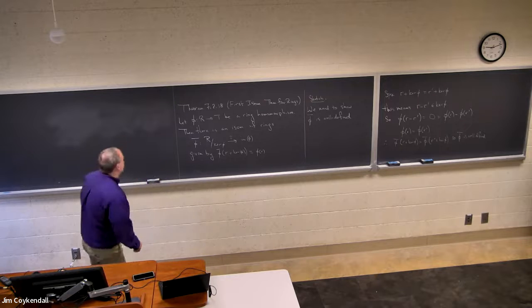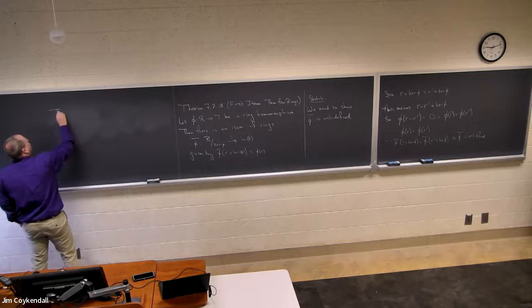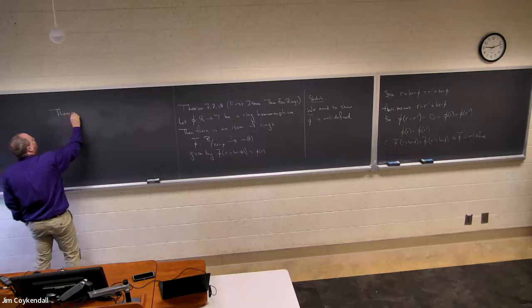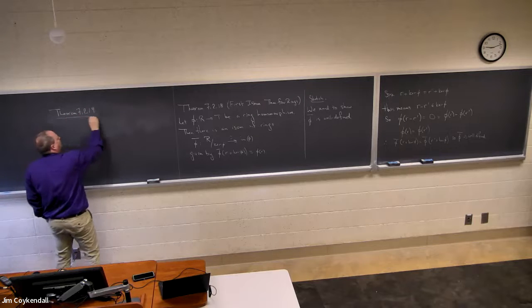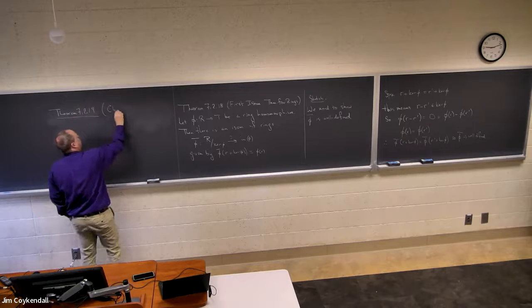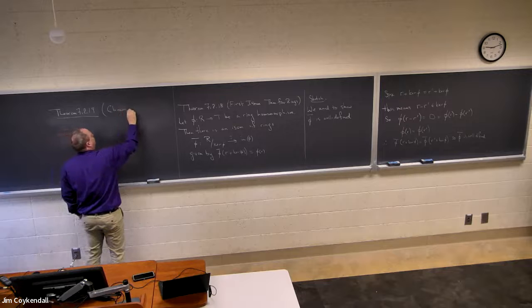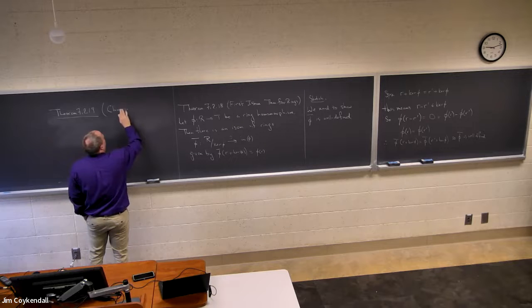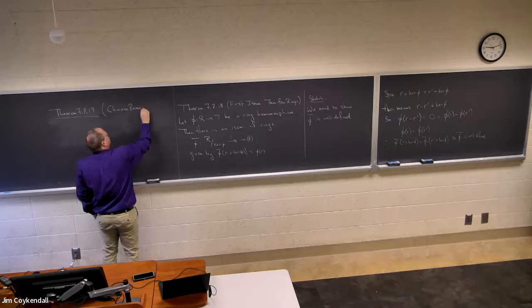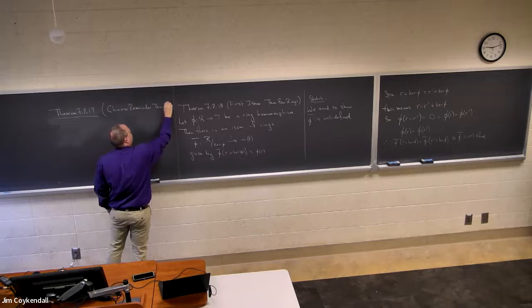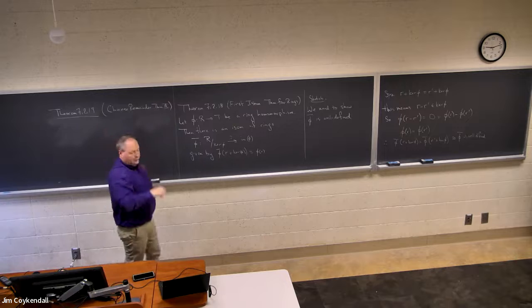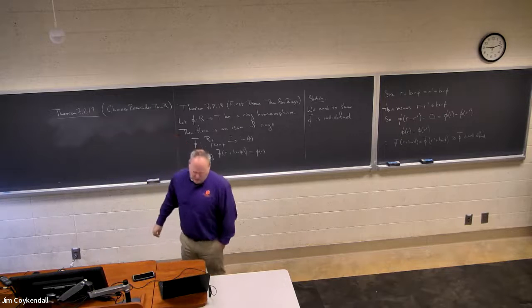Here's another way to couch this, and I'll show you why you would want to do this. Chinese Remainder Theorem, second version. This is just stated in a different way.